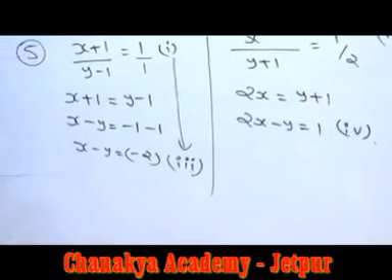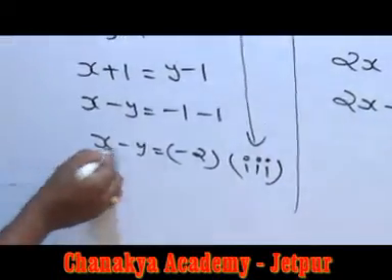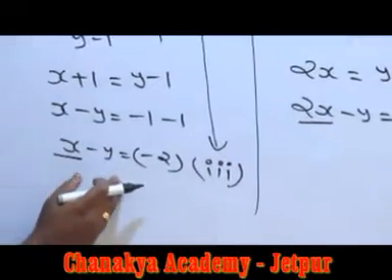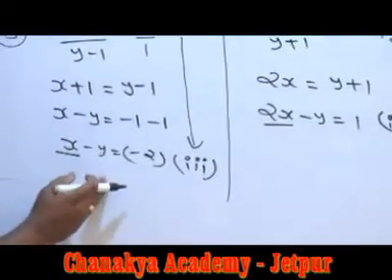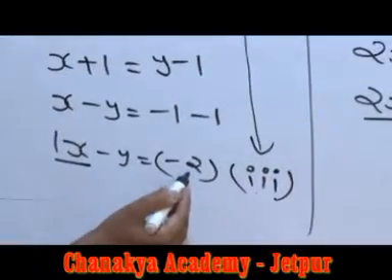Okay, now students, repeating our step. We have to underline the x terms from both equations, that is equation 3 and equation number 4. Here the coefficient of x is 1, the coefficient of y is -1, and -2 is a constant.